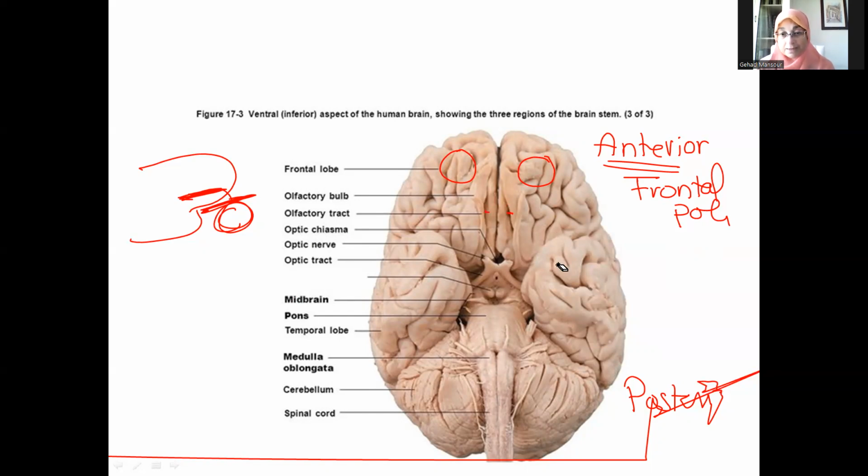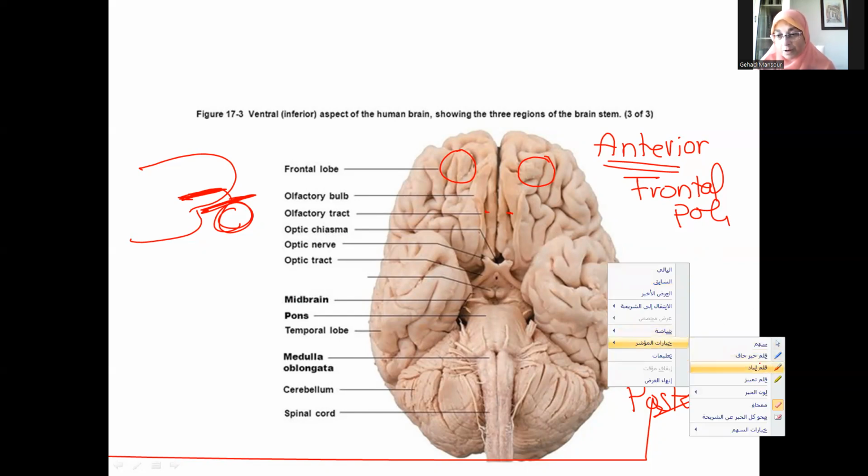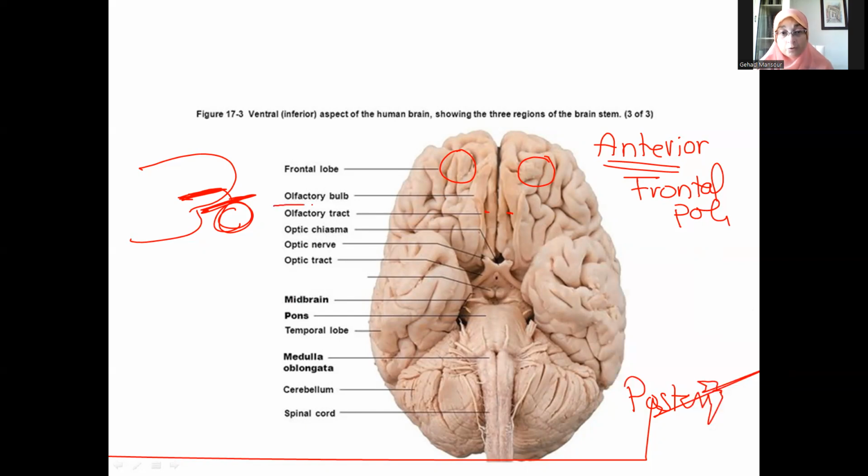So here, this is actually the olfactory tract that is responsible for carrying olfactory sensation or smell sensation. But actually, we have here the optic nerve, but it's cut. That's why I got confused. The optic nerve arises from each eye, and then here we have what we call optic chiasma.